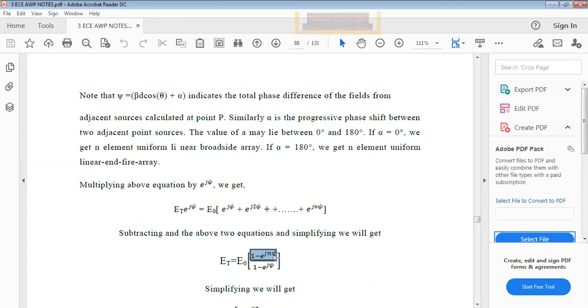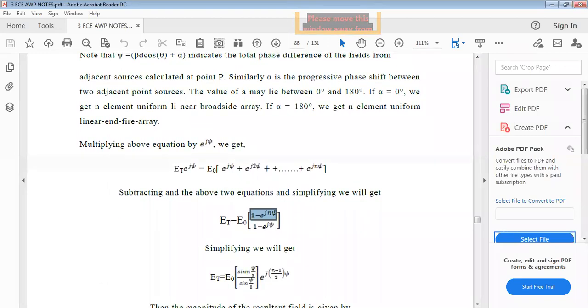Next, find the mod. In that mod, we get the square root of 1 minus cos n psi whole square plus sin n psi whole square. Expand that 1 minus cos n psi whole square as a minus b whole square, a square plus b square minus 2ab, and simplify. Similarly, 1 minus e power j psi is also expanded like this and simplified.